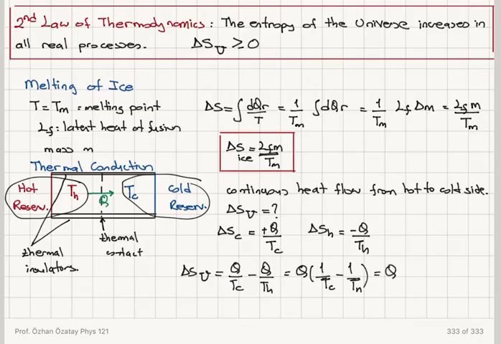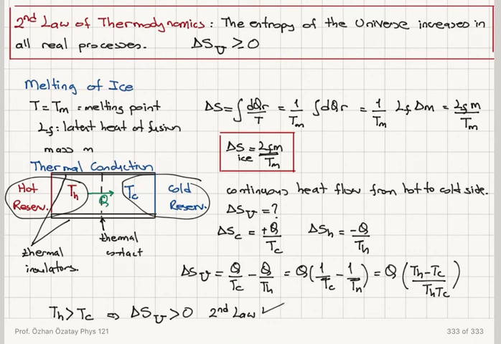So this is going to give me Q times Th minus Tc over Th Tc. Now, since the hot side temperature is greater than the cold side temperature, the entropy change of the universe I have calculated here is positive. So the second law of thermodynamics applies.